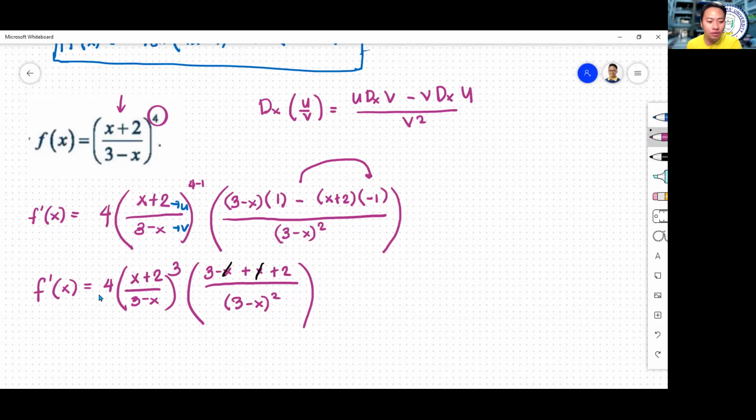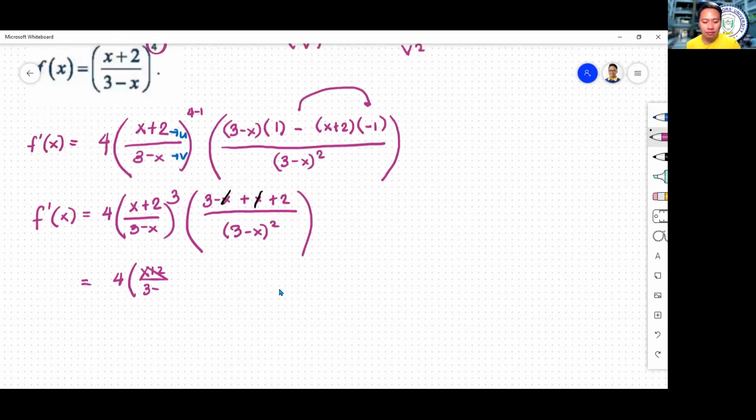So, and then 4 times x plus 2 over 3 minus x cubed, times 5 over 3 minus x squared, right?